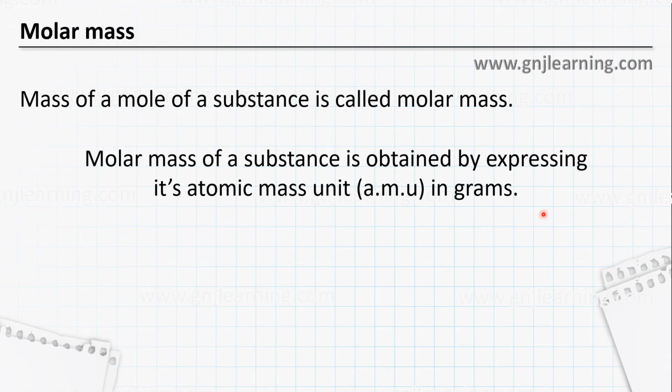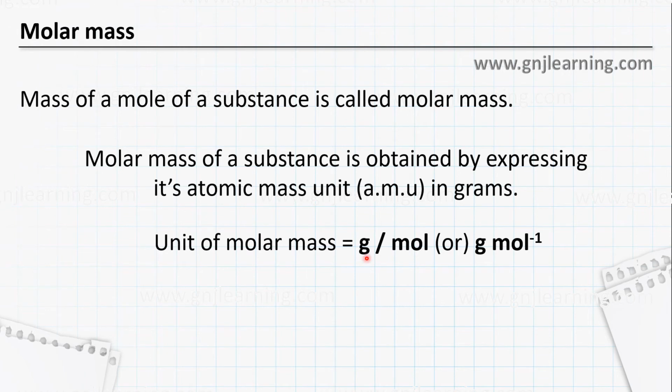If you express that mass of an atom or a molecule in grams, then it is called molar mass. What does molar mass stand for? It's the mass of 1 mole of substance. So the unit of molar mass is gram per mole. It's gram of a mole. You can write it like gram mole raised to minus 1. When it moves to the numerator, it becomes mole raised to minus 1. I hope it's clear.